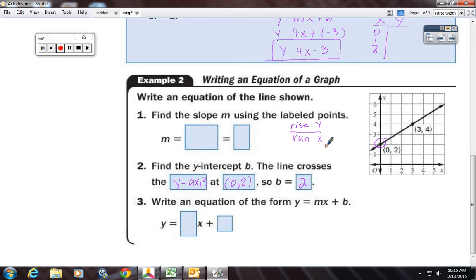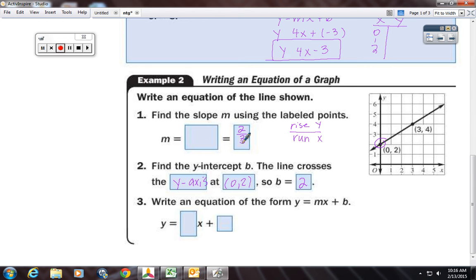If we start here, we want to figure out how many times we have to go up, and then how many times we have to go over in order to find the slope. So how many times did we go up? 1, 2. And how many times did we go over? 1, 2, 3. So we know that the slope would be 2 over 3.